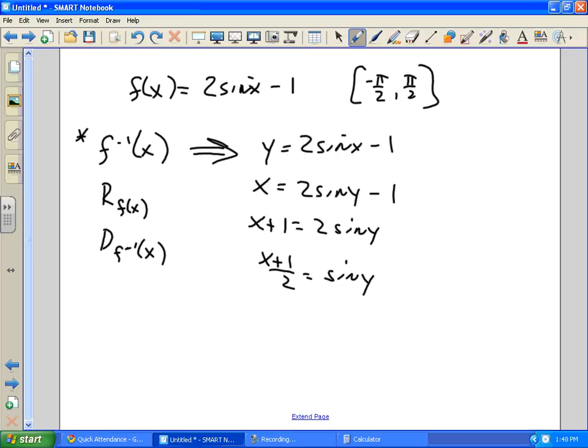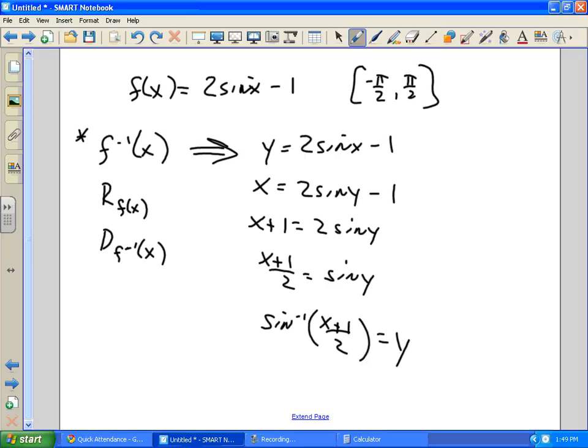How do I get rid of a sine? You take the inverse sine. Just like, how do you get rid of multiplication? You do the inverse of multiplication, which is division. So we are going to have the inverse sine of x plus 1 over 2 is equal to y.